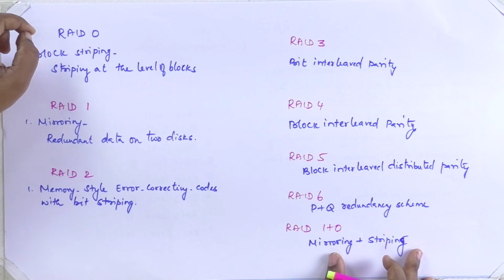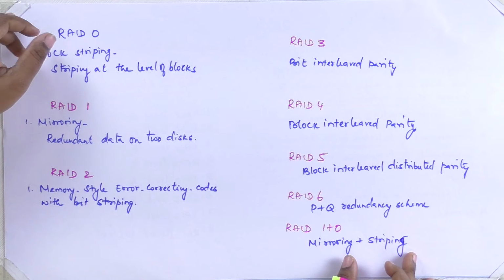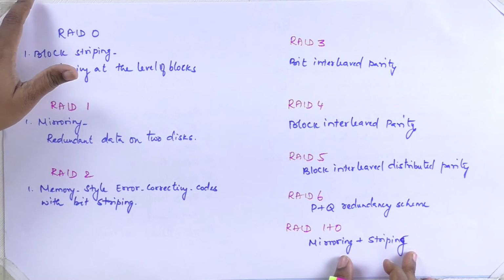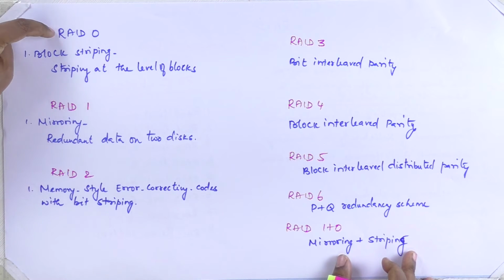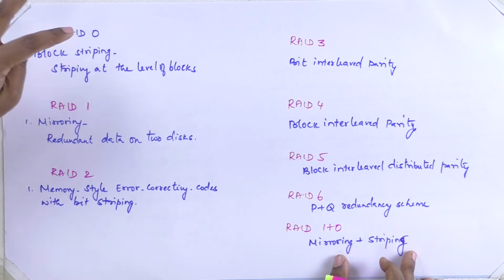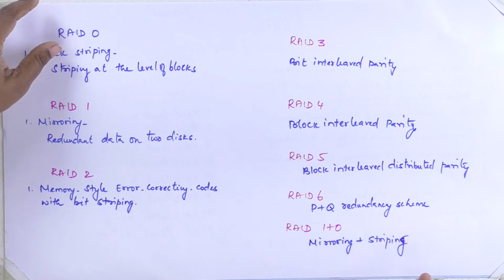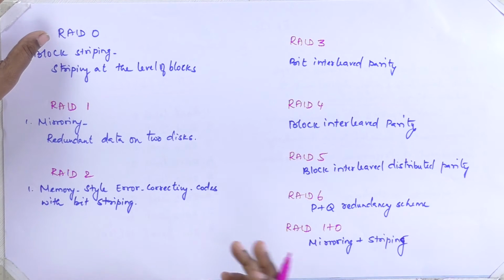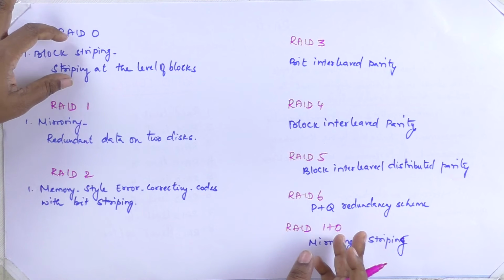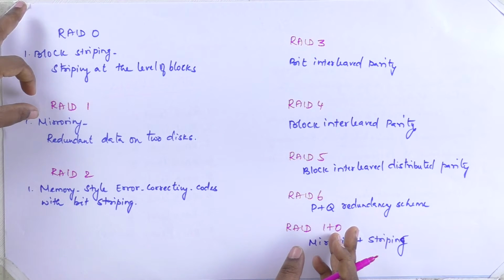Mirroring, shadowing, bit striping and block striping are the techniques that are used. In RAID 0, they use the concept of block striping, where striping is at the level of blocks, and the data is striped between the blocks. That technique is used here to improve performance.